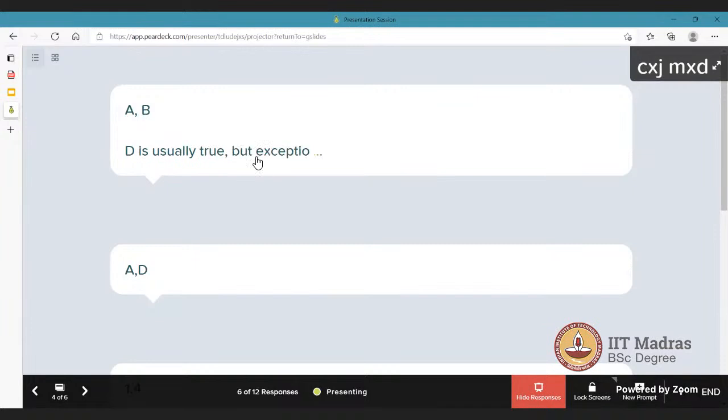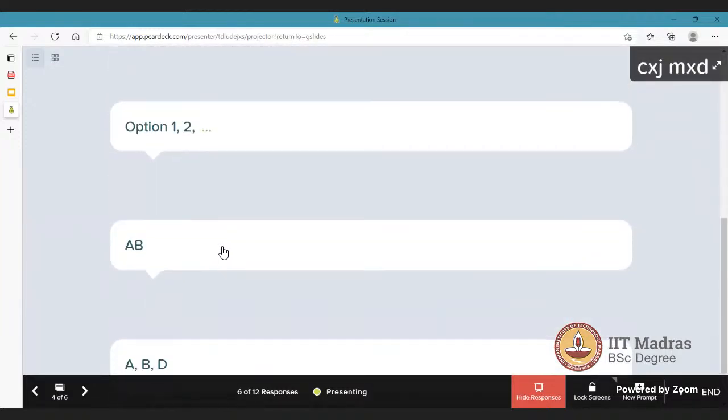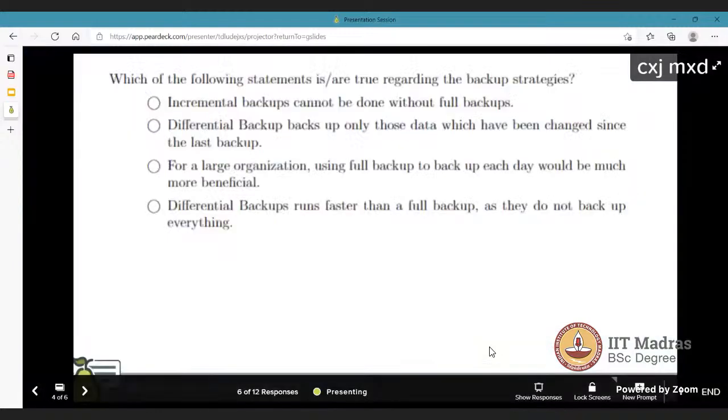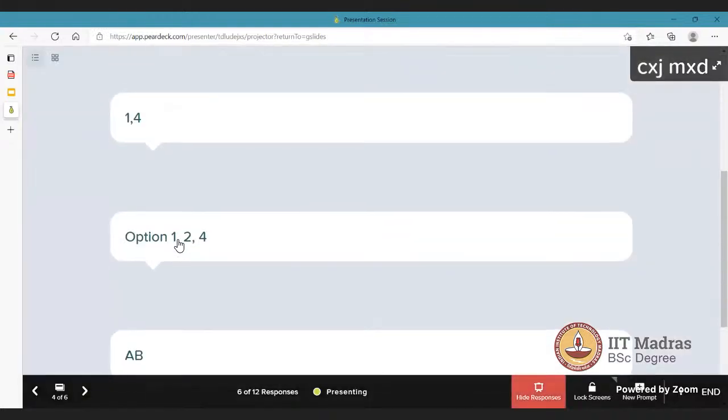A and B, D is usually true. A, D. Please read the sentence properly. Many of you have answered option B. Option B says that differential backup backs up only the data which has been changed since the last backup. But is that the real situation that happens in differential backup? Anyone? Many of you have answered B.